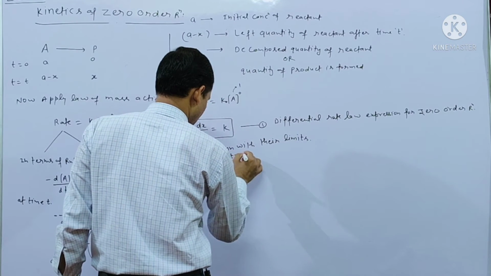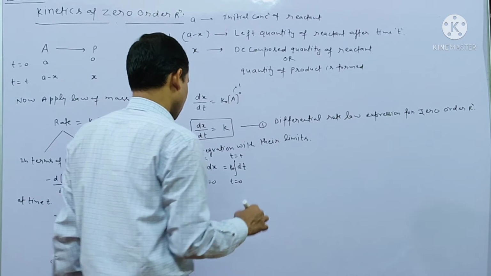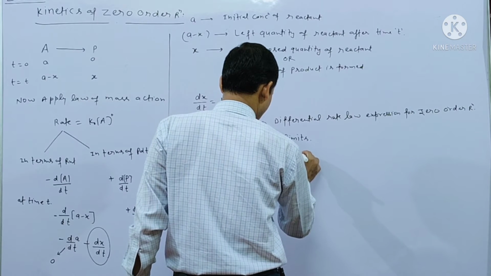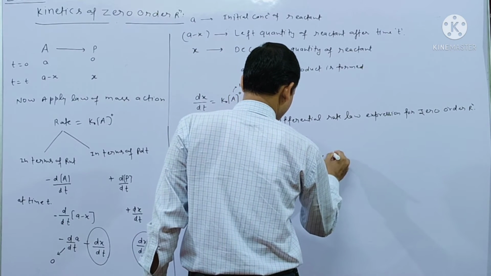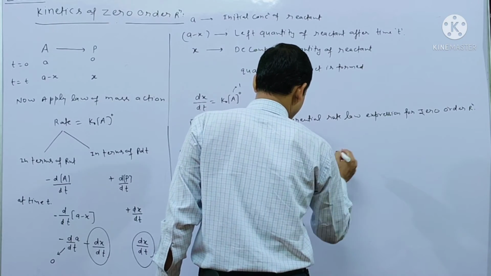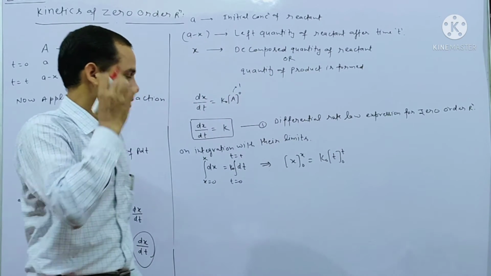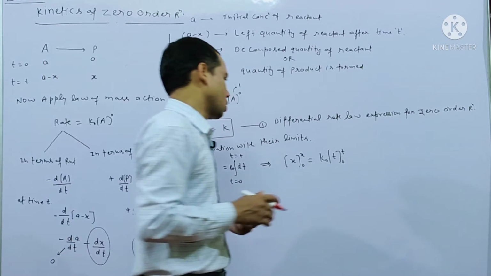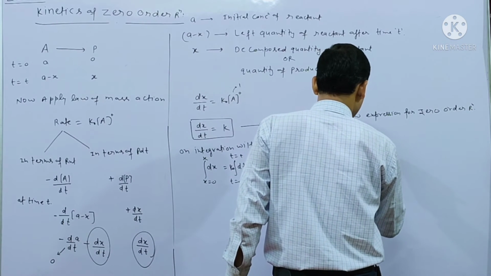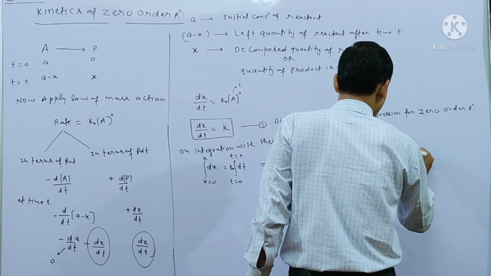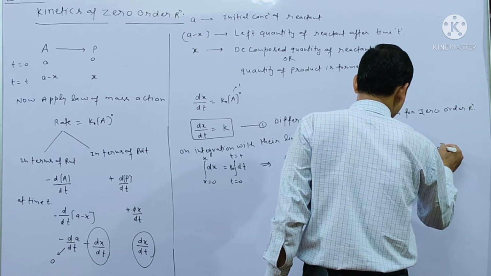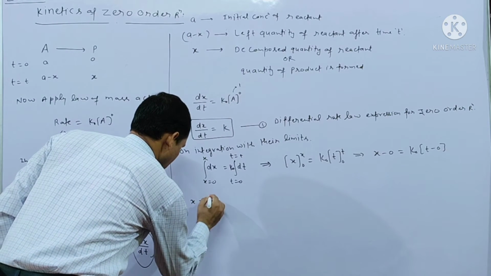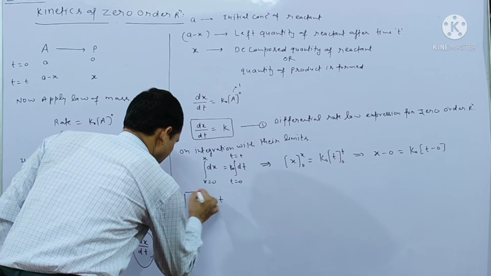When we integrate, we take the upper limit minus the lower limit. So x minus 0 equals k naught times t minus 0. When we solve it, we get x equal to k naught t.